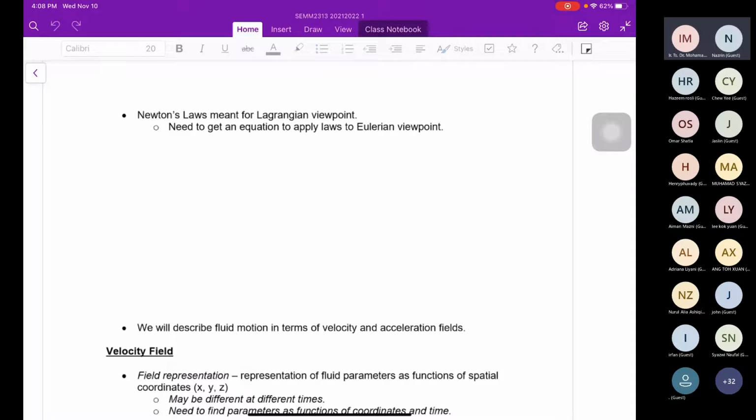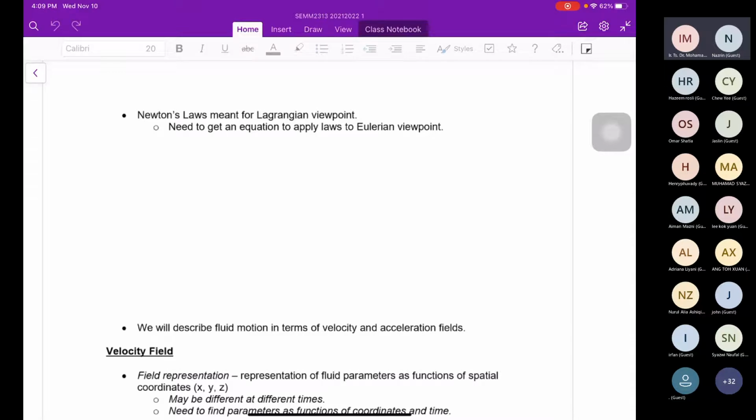Normally we use Newton's first law and second law, F equal to 0 and F equal to ma, all from the Lagrangian viewpoint, which monitors based on time only. So now we need an equation that applies to the Eulerian viewpoint.